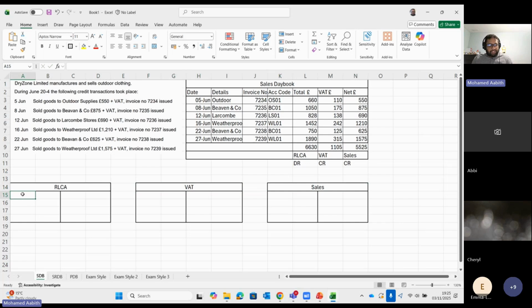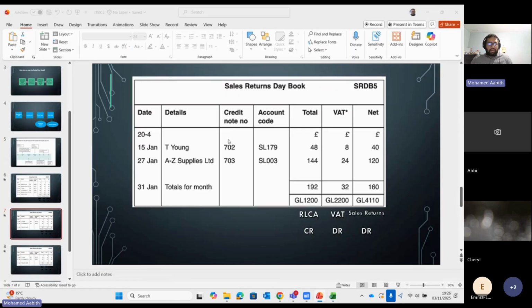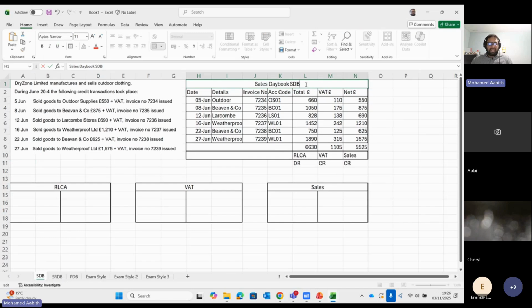So here on this one, the detail will be, because we're going to give a name for this, SDB. Let's say SDB 10. No, which month is June, isn't it? June is 6, okay, 06. So I'm going to say here, SDB 06, the value we're transferring is 6,630 pounds.